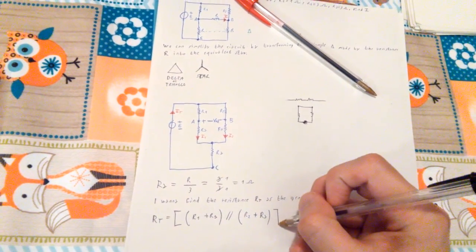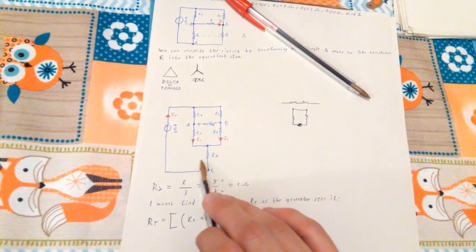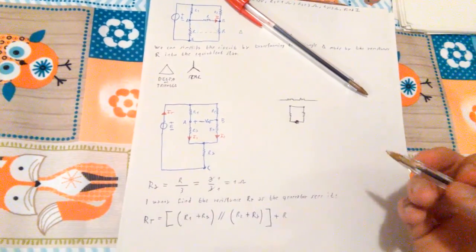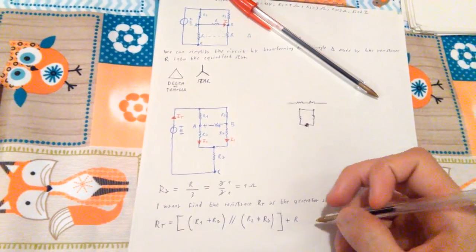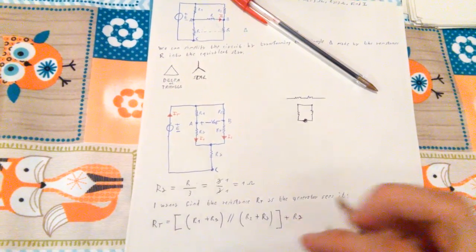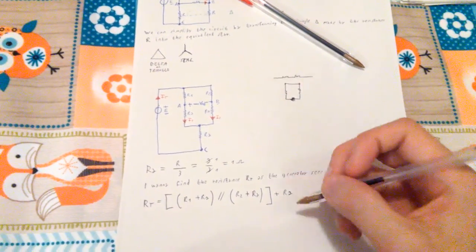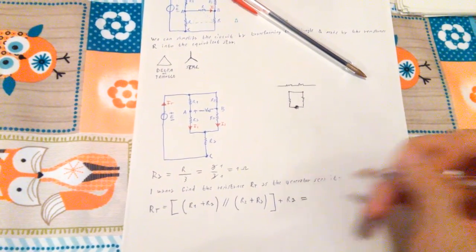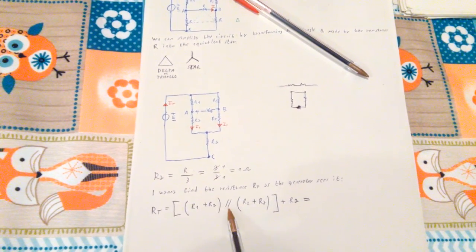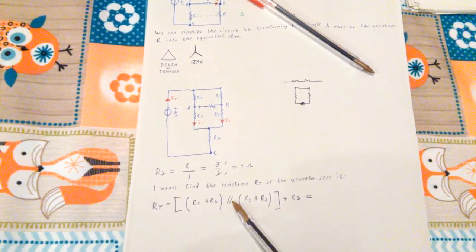Okay, so I'm going to have plus RA, which is this lonely one, not tiny one. It's 1 ohm anyway. Let's do this, and I'm also going to explain what I mean by this. I said parallel because, in fact, they are in parallel.